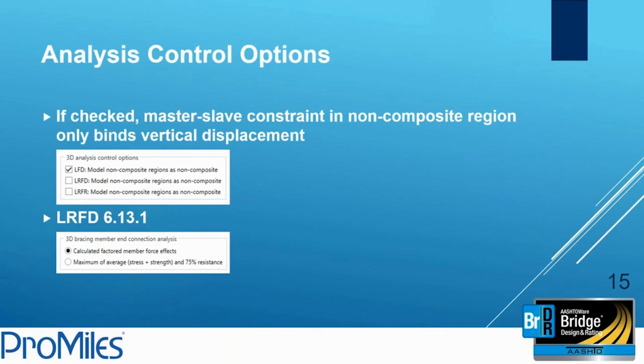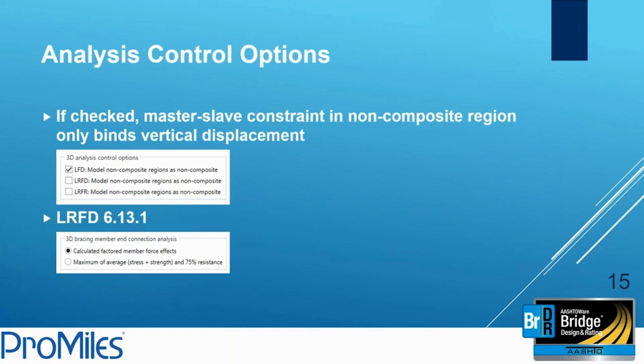Another analysis control option is this, which is stated in LRFD 6.13.1 article. This is related to primary member connections and splices. This is mainly implemented for diaphragms where we spec check the connections.